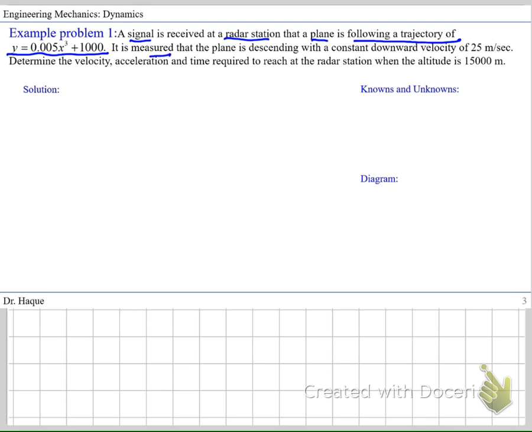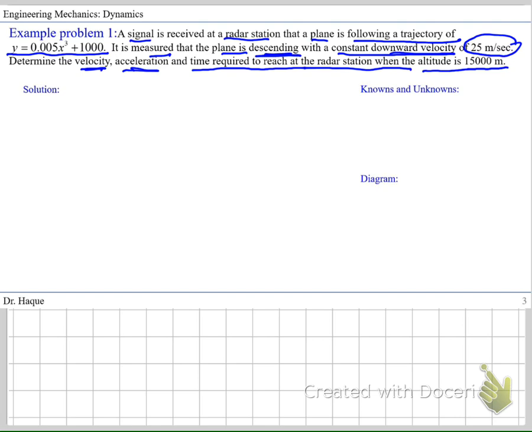It is measured that the plane is descending with a constant downward velocity of 25 meters per second. Determine the velocity, acceleration, and time required to reach the radar station when the current altitude is 15,000 meters.